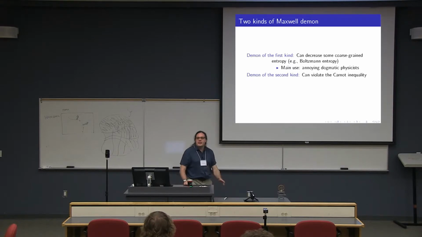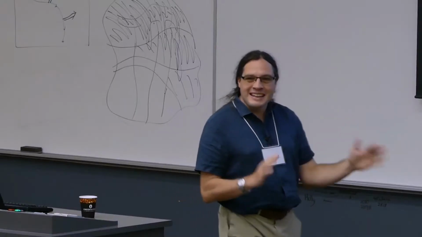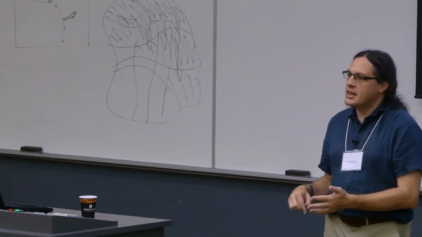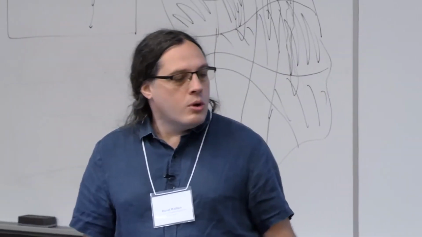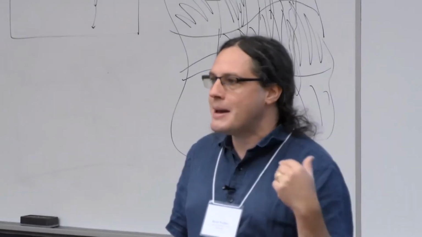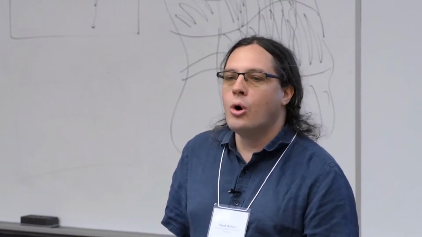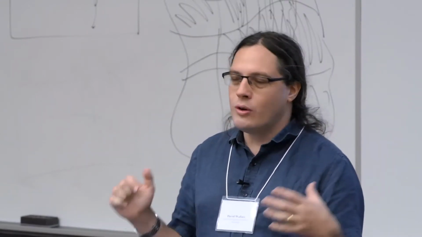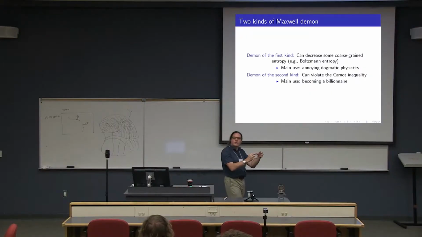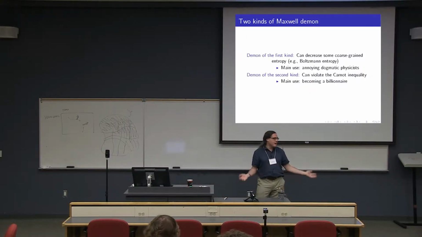It matters whether you've got a demon of the first kind or a demon of the second kind. Demons of the second kind are unfortunately impossible, because all we needed to derive the Carnot inequality was basic reversible thermodynamics. It was the assumption that our transformations preserve Liouville volume. No assumptions about coarse graining, or your ability or inability to manipulate a system at fine grain, went into deriving the Carnot inequality.